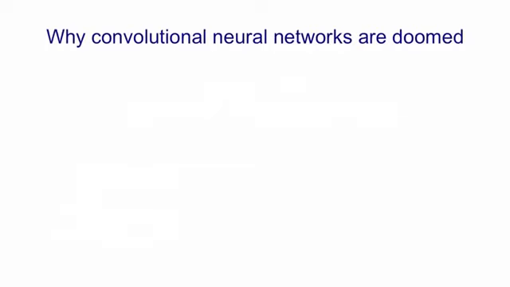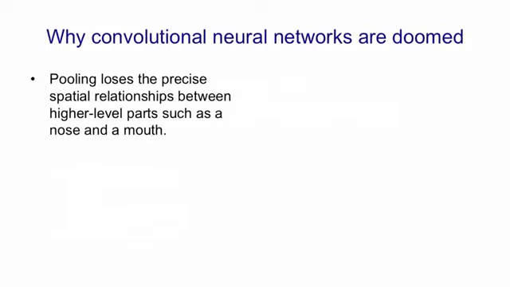Even though convolutional neural networks have worked very well for recognizing objects and images, I think there's something missing. When we pool the activities of a bunch of replicated feature detectors, we lose the precise position of the feature detector that was most active. This means we don't know exactly where things are, and that's fatal for high-level parts, such as a nose and a mouth.